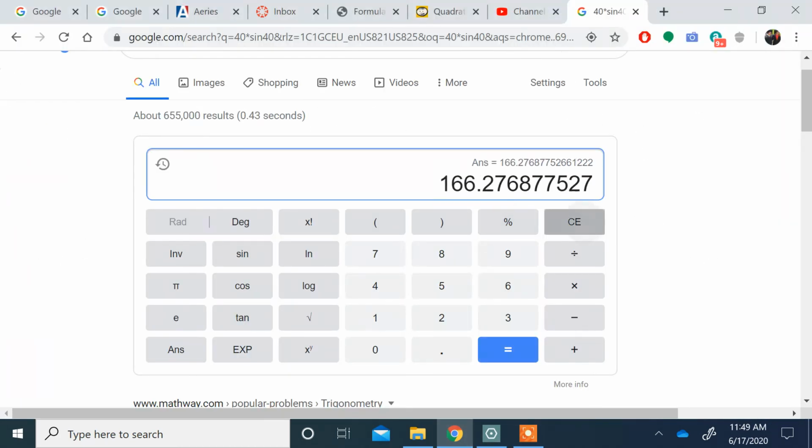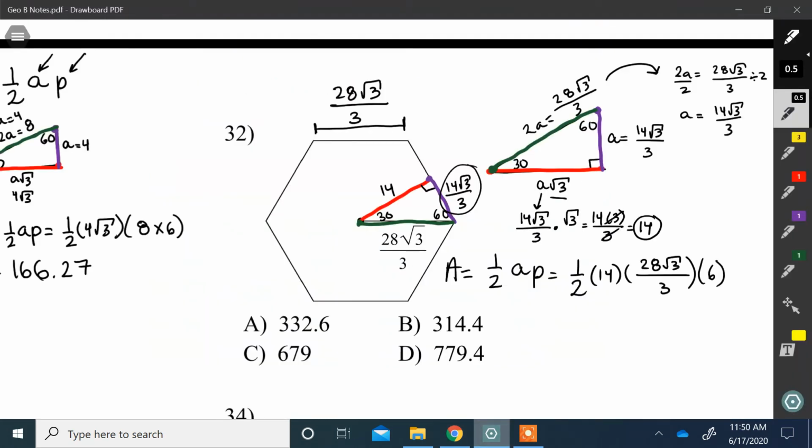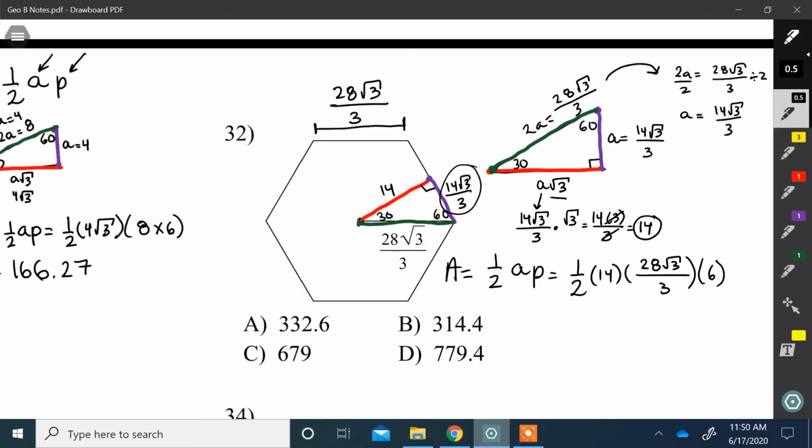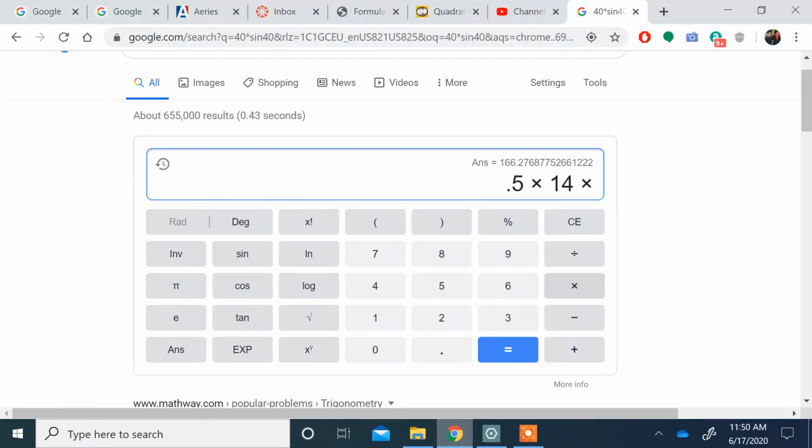So first of all, I'm going to put 0.5 times 14 times, I'm going to put parentheses, 28 times the square root of 3 divided by 3 there, parentheses, times 6. 678.96.